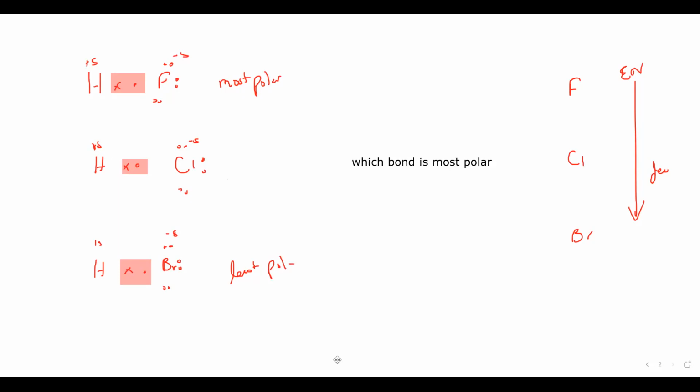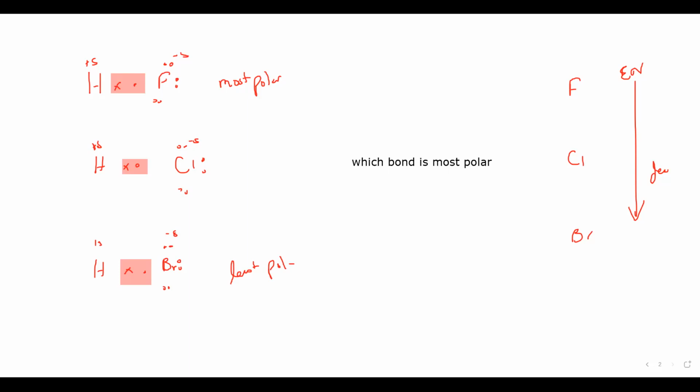So basically, when two atoms have the same or similar electronegativity, the bond is likely to be non-polar. But if there are two different atoms which have a difference in electronegativity, then the bond is likely to be polar. Now we'll do some questions related to bond angles.